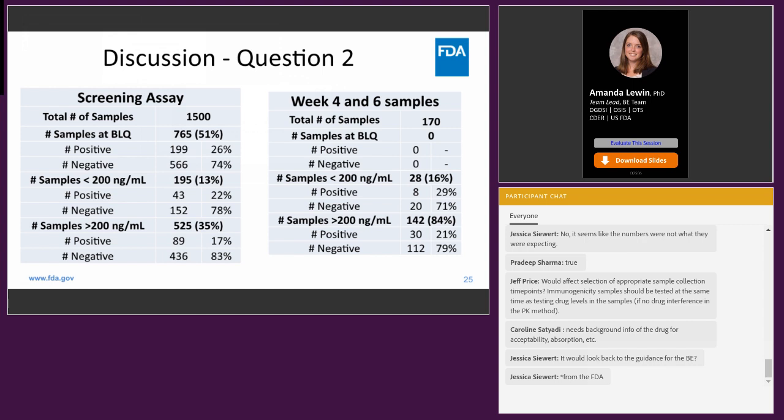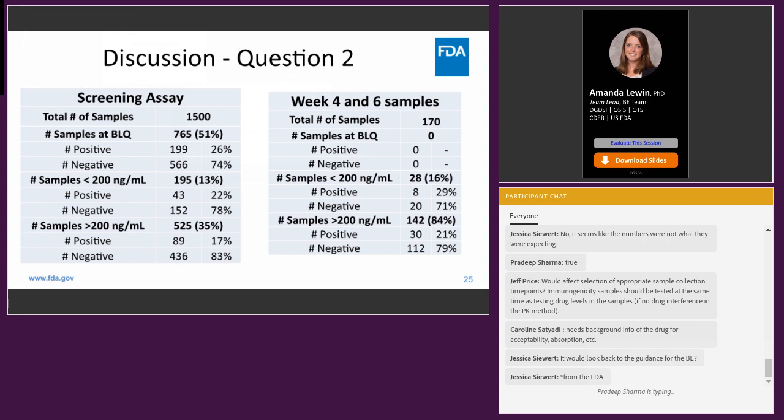Of these samples, 765 had drug concentrations below the limit of quantitation. So in this case, your PK assay had a 1 nanogram per ml limit of quantitation. 195 samples had drug on board, but below 200 nanogram per ml, which was that drug tolerance established for the LPC in the assay.